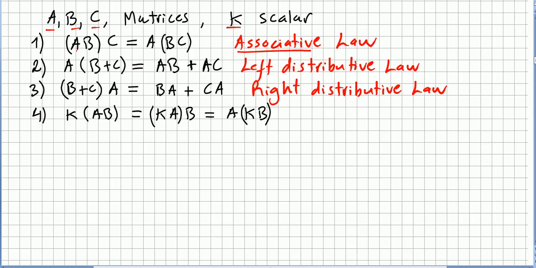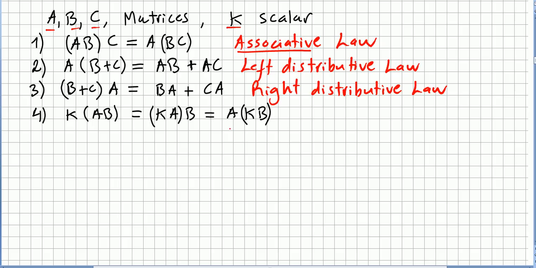So if you first multiply A times B and then multiply by C, it is the same as A times the product of B times C. Matrix multiplication is also left distributive, so A times (B plus C) is the same as A times B plus A times C, and is also right distributive, so (B plus C) times A is the same as B times A plus C times A. The same is valid for the scalar product: k times AB is the same as (kA) times B and is the same as A times (kB).